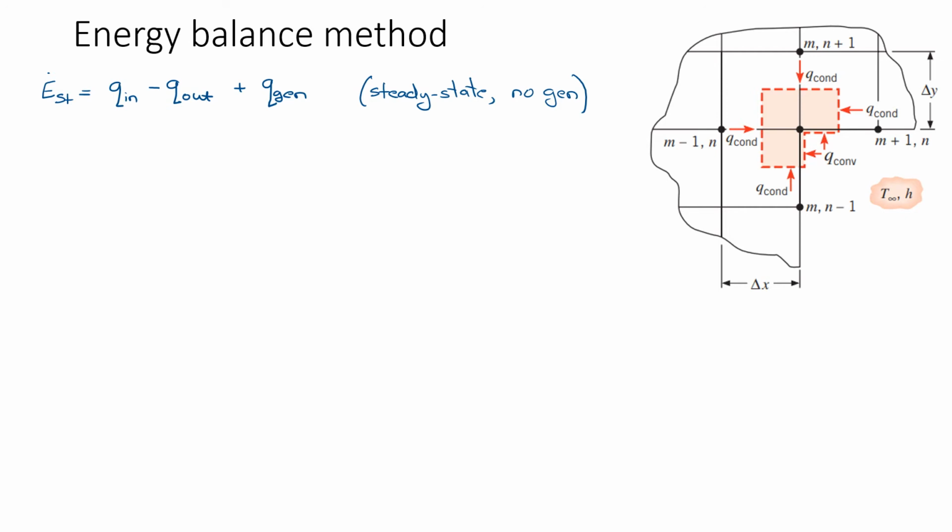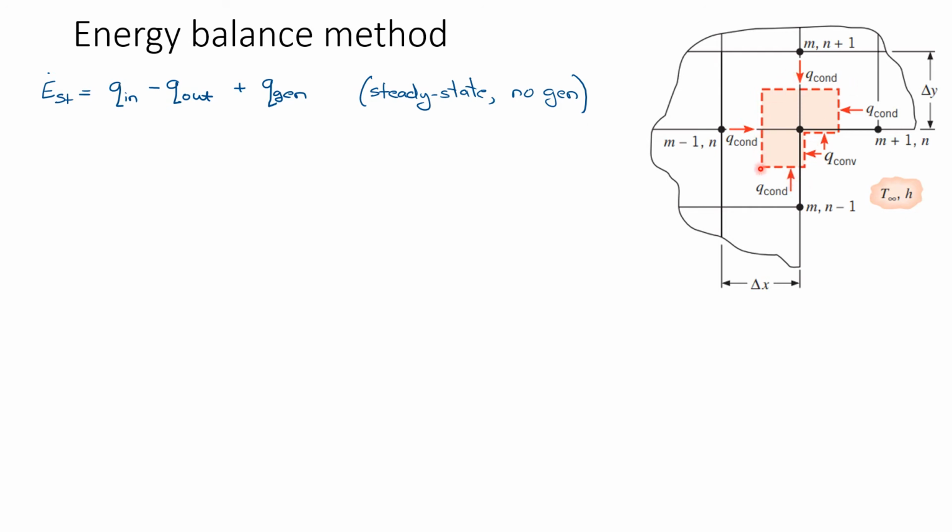You can use this approach in the previous scenario as well. So our energy balance equation is E dot St equals Q in minus Q out plus Q gen, and our assumptions are that the system is at steady state and there's no heat generation in the system.